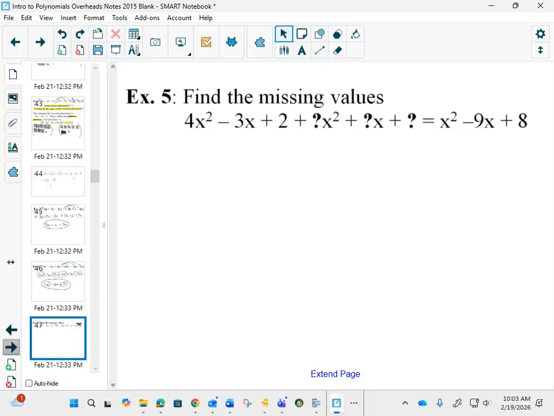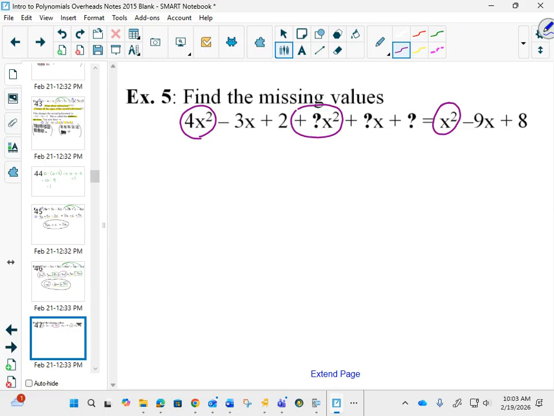All right, let's see how you did. I'm gonna circle the 4x squared. Is there anything else with an x squared? Yes, this one with a question mark had the x. Oops. See what I did? I didn't circle the plus sign. There we go. And here we got an x squared.